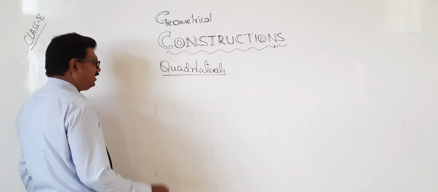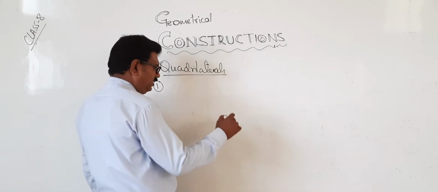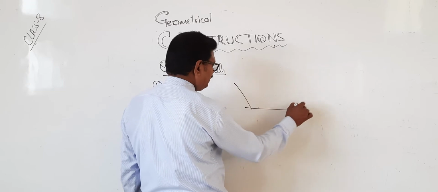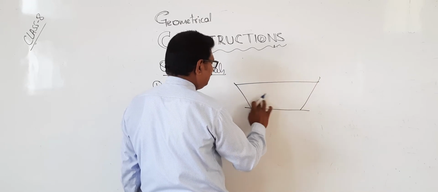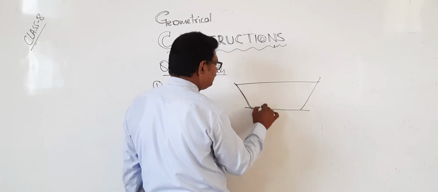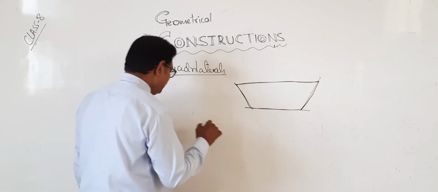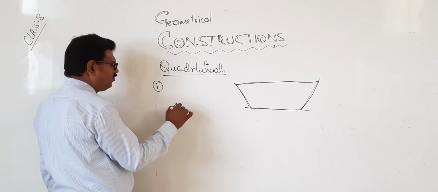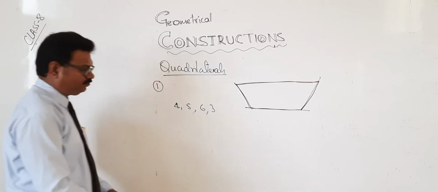In these quadrilaterals, for example, if you want to construct a quadrilateral, how many elements are required? The elements required means given measurements, whether 4, 5 or 6. Elements required to construct a quadrilateral: 4, 5, 6 or 3.